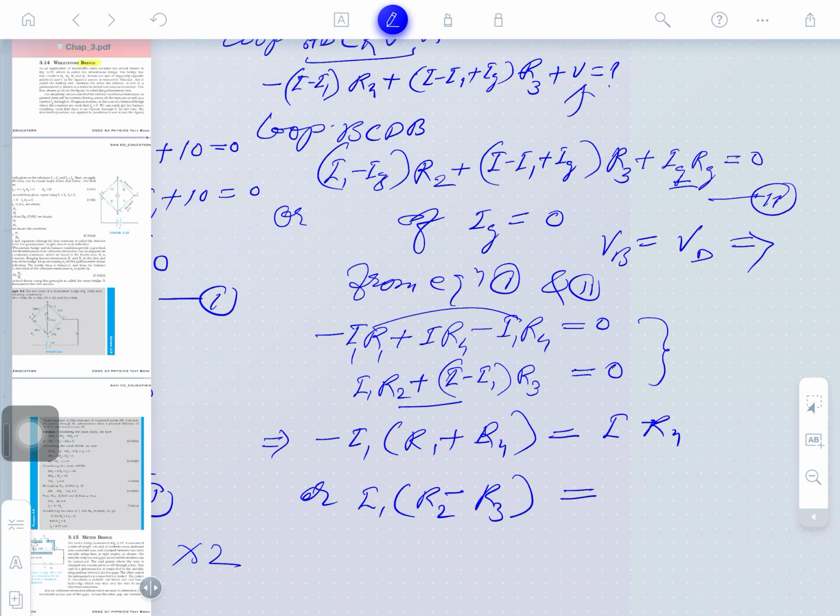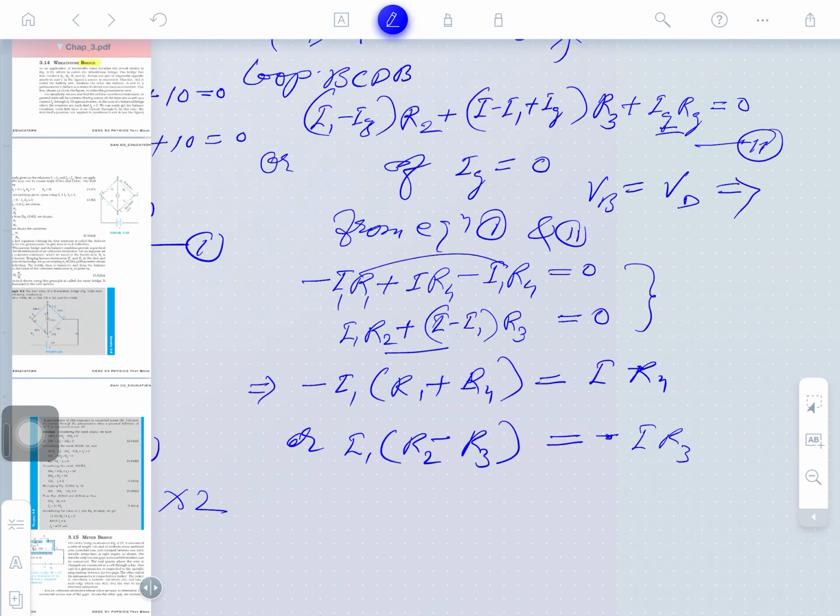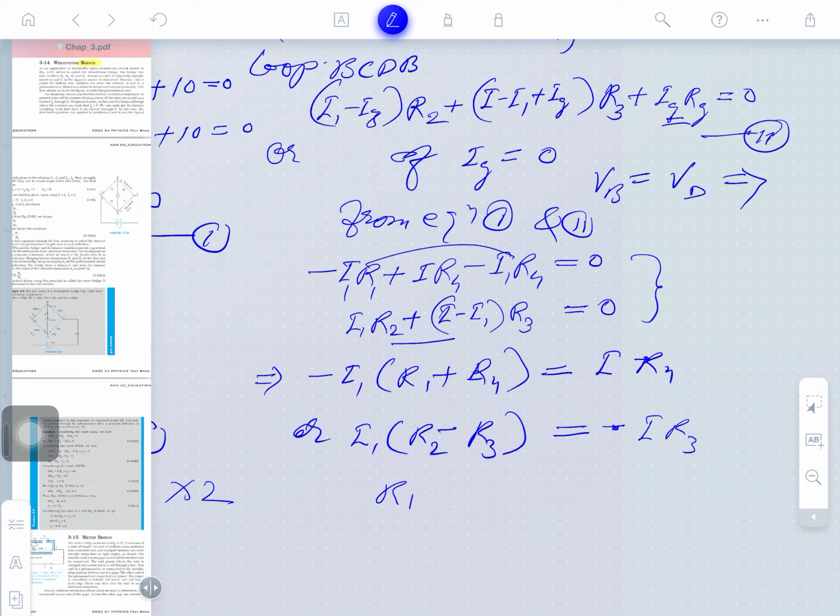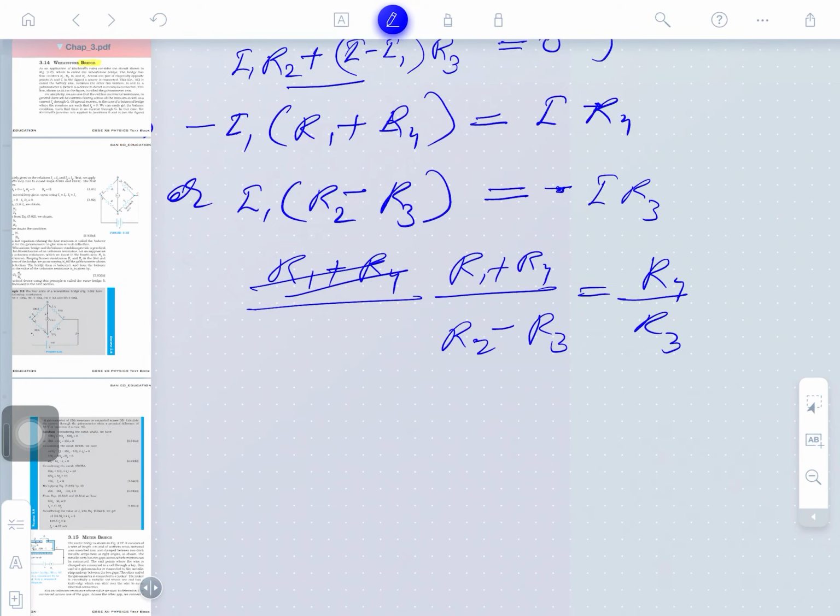I1 common, I2, I3 is equal to minus of I plus of I and R3. So we will divide it. You will have R1 plus R4 divided by R2 minus R3, and here R4 divided by R3. So this can be solved further.